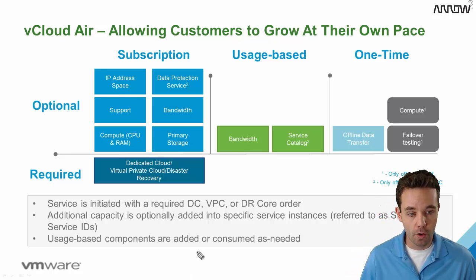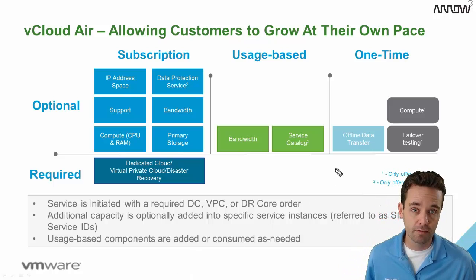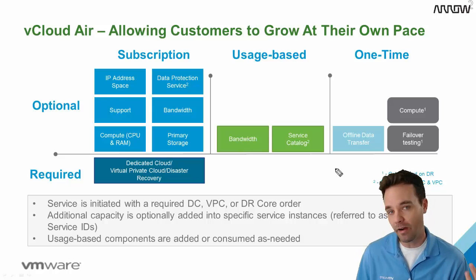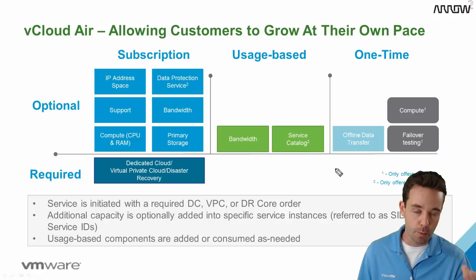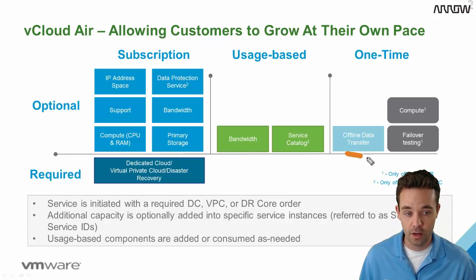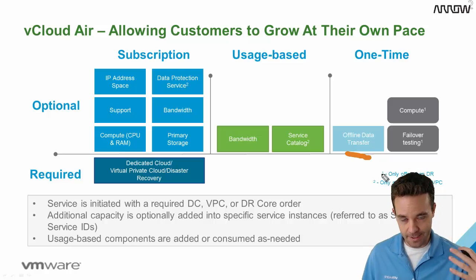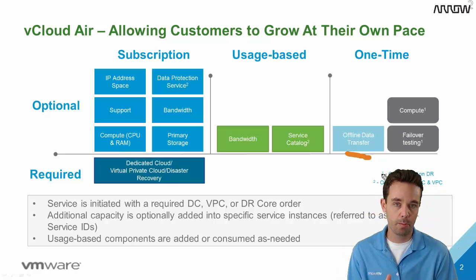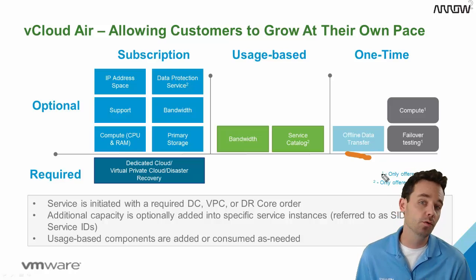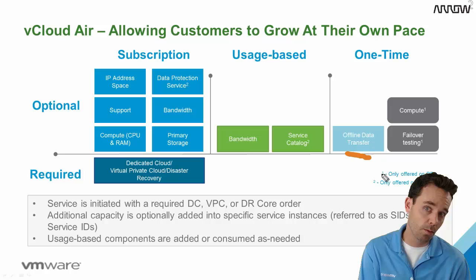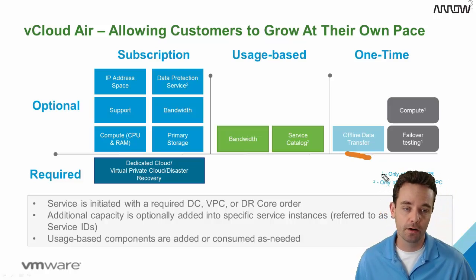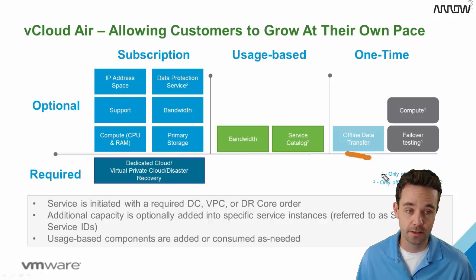So for larger virtual machine environments where we want to move those VMs into the cloud, say we have a 1 terabyte file server VM we want to move into vCloud Air, we can use things like offline data transfer. ODT is something where we can take a 4 terabyte encrypted NAS that VMware will overnight to a customer. They can load those virtual machine or multiple virtual machines onto that and then ship that back to vCloud Air. The vCloud Air team will upload that into the cloud.